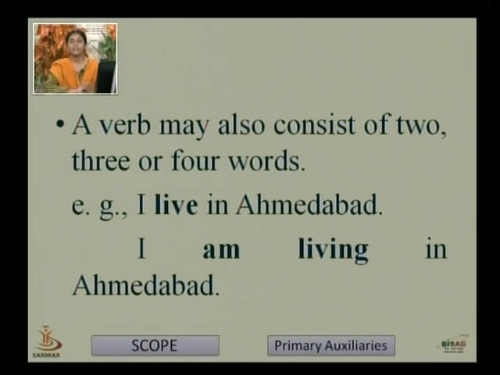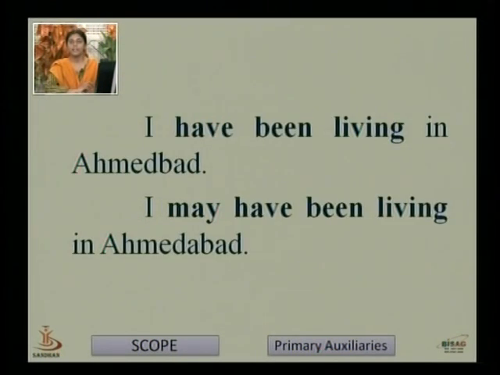In this sentence, you have 2 verbs. The third example is, I have been living in Ahmedabad, and I may have been living in Ahmedabad. So, in all these 4 sentences, you have a group of words that function as verbs, and they show different kinds of moods and different kinds of tenses.